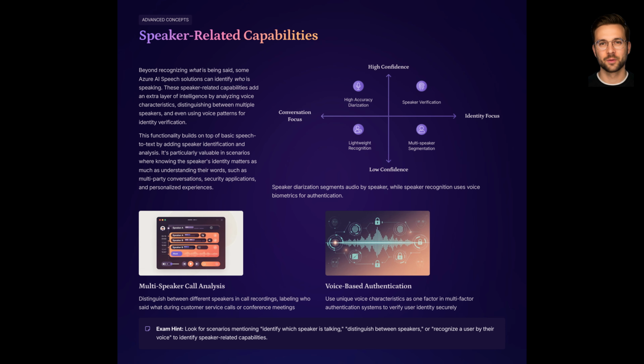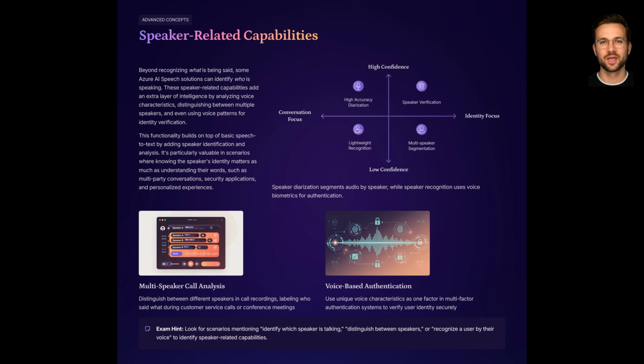When the scenario focuses on who is speaking, like distinguishing between multiple speakers in a call, it suggests a feature related to speaker recognition or diarization on top of basic speech-to-text. Again, at AI-900 level, it's enough to understand that some speech workloads focus on content, while others also focus on the speaker's identity or role.